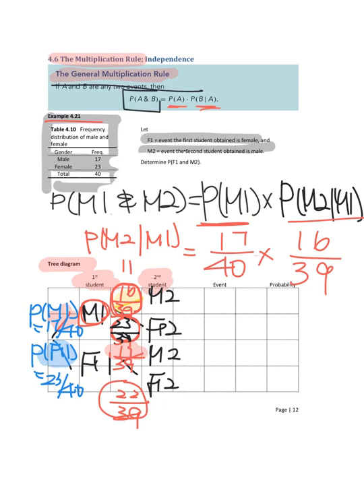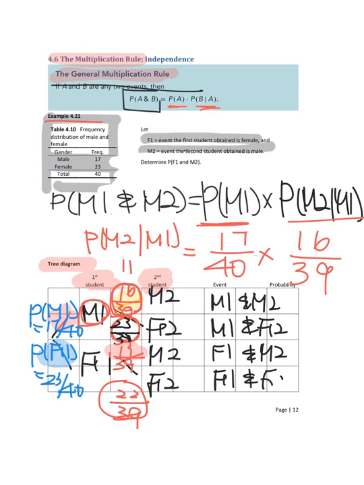So now I can say the events should be M1 and M2, M1 and F2, F1 and M2, F1 and F2.